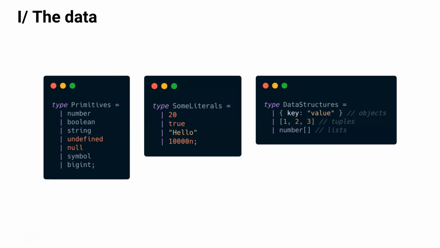We have literals in TypeScript, like the type 20, which has only a single member, the number 20. And we also have data structures like object types and tuples. Tuples are essentially lists with a fixed number of elements, and each element can have a different type. And we have lists, which contain a variable number of elements, but they all have the same type.